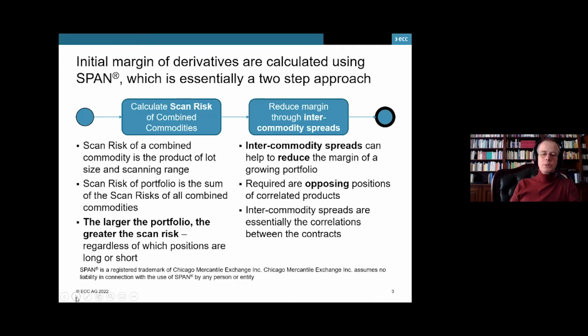The only thing which is required are opposing positions. And you also need, of course, something which really correlates, because if you have just potatoes and power, there's no correlation, and the cross-margin will not help. But later to the details. Now I will explain cross-margining in comparison with netting. So next slide, please.